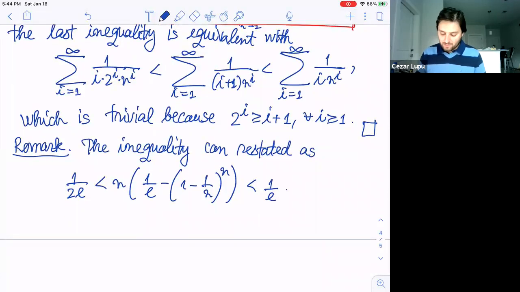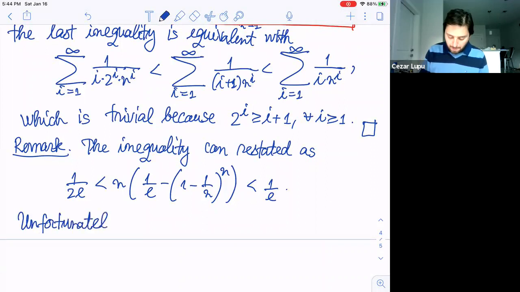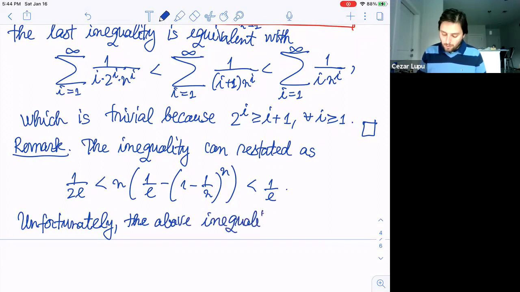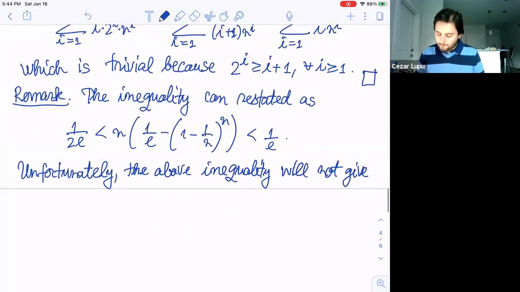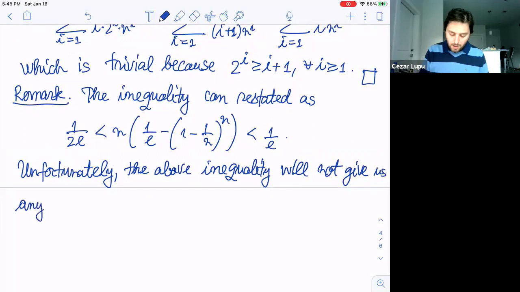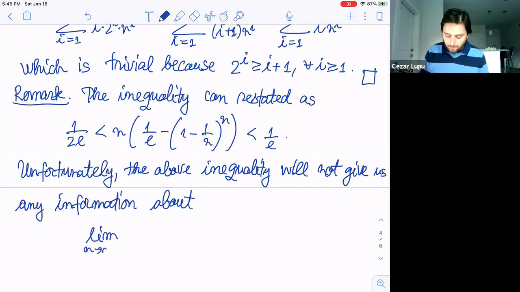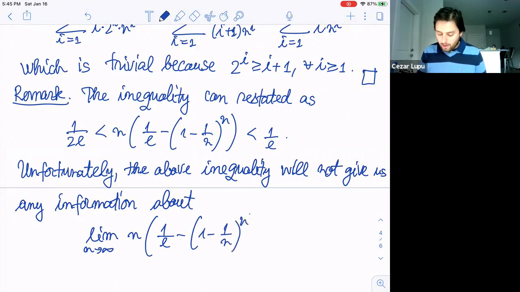So unfortunately, the above inequality will not give us any information about this limit, about the limit as n approaches infinity of n times (1 over e minus 1 over n) to the power n.